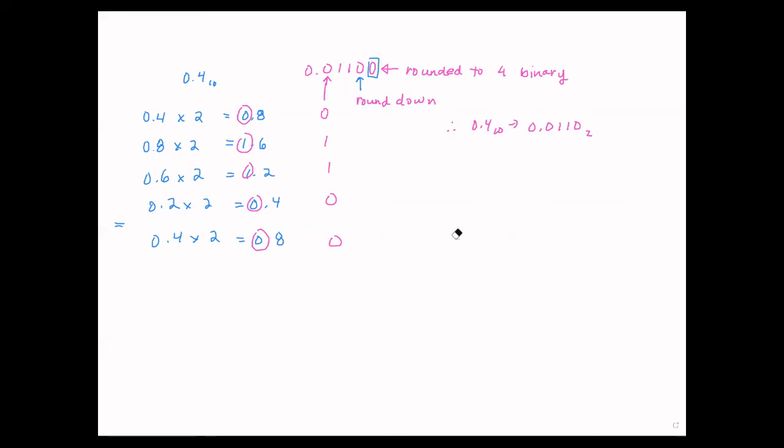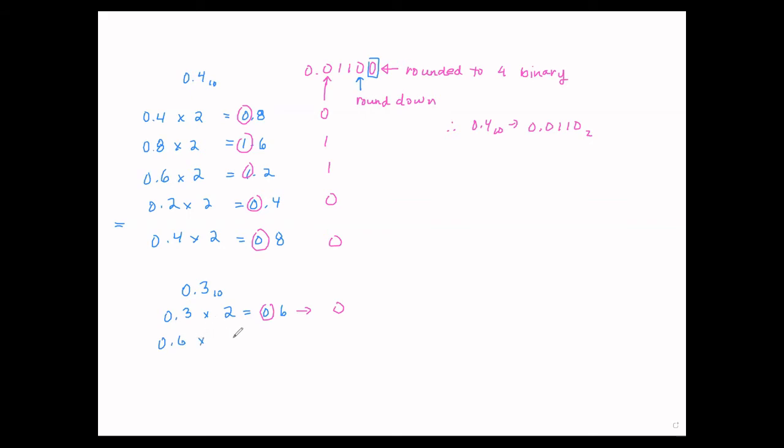Where we notice this becoming a problem is if you try starting with 0.3. So I got lucky. Let's try the same thing again. So I'm taking 0.3 and I want to convert that to binary. I multiply that by 2. I get 0.6. The first number to the right of the binary point is going to be a 0.